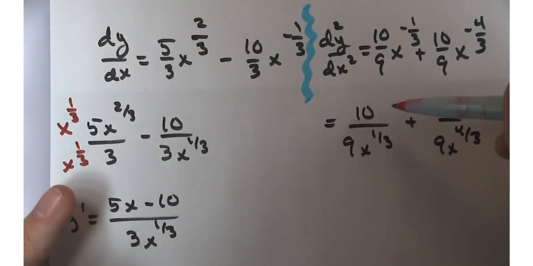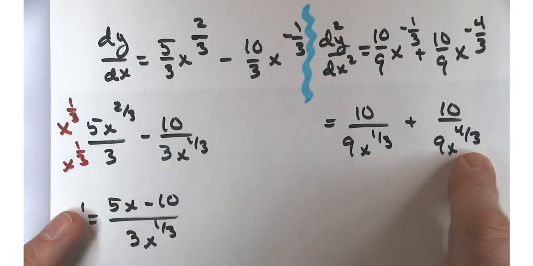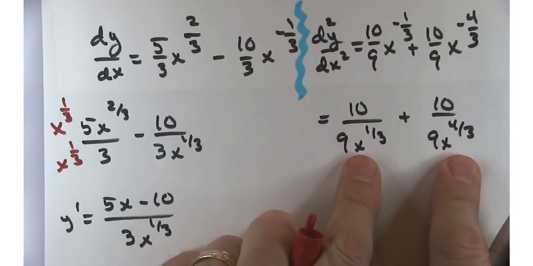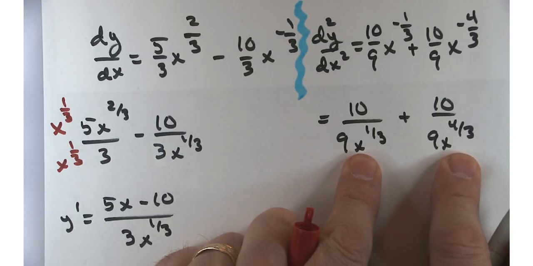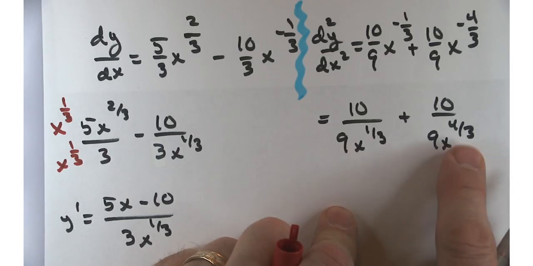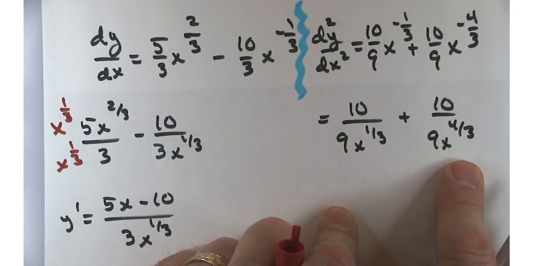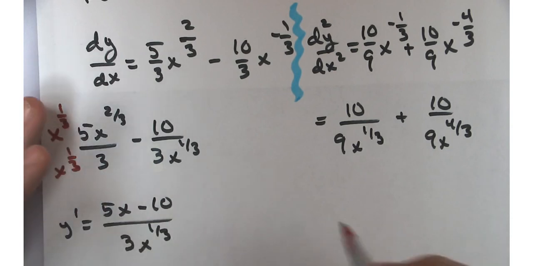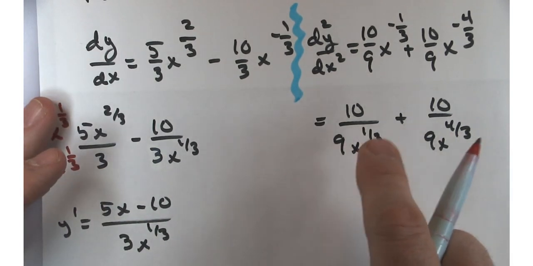What would be the common denominator? We've got a 9 in both of them, so we're okay there. The common denominator is going to be the larger of the exponents, so it's going to be the 4/3 there. You just multiply by x. We need one more x, right? If you take 4/3 minus 1/3, the difference is x to the first power.